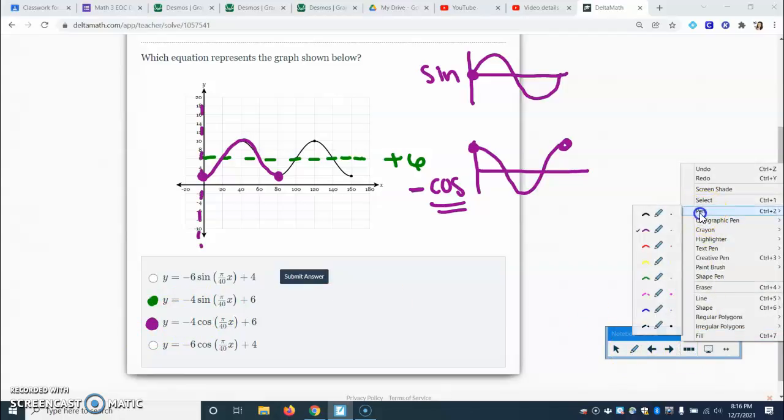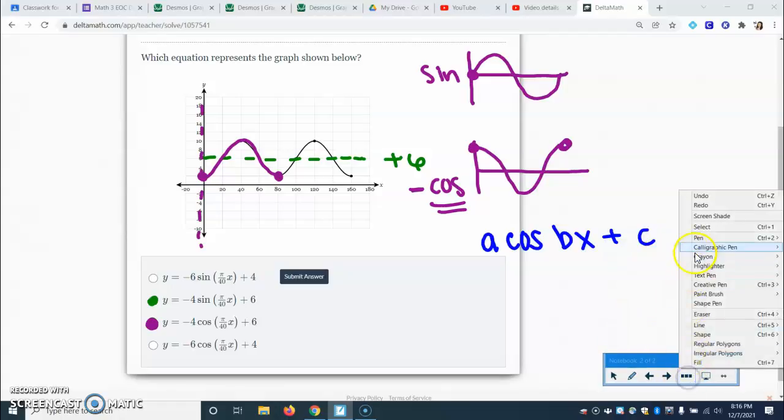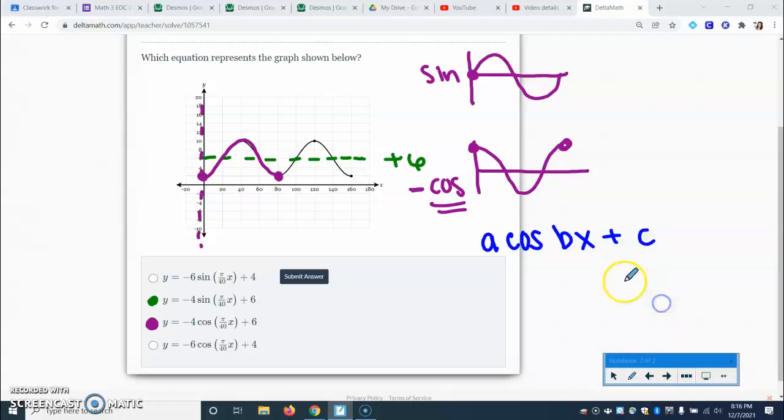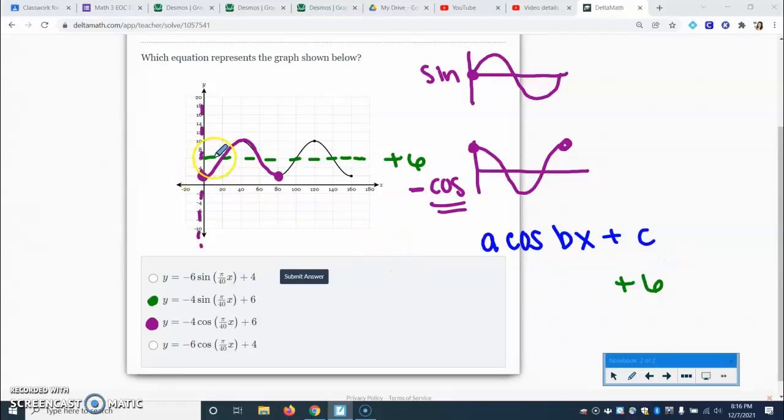But the equations all have to be in this form: A, and I'm going to write cosine because I already know this one is cosine, bx plus c. So the plus c part is the midline. That's how I knew my equation was going to have plus 6. As far as my amplitude, I can tell what my amplitude is once I know the midline.